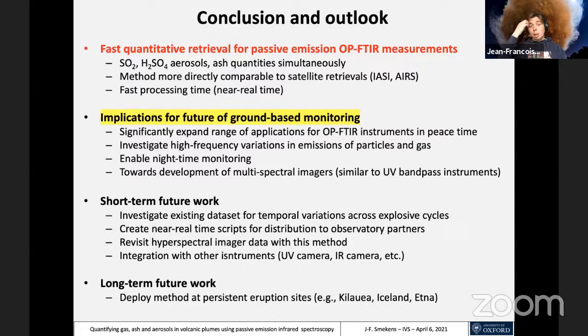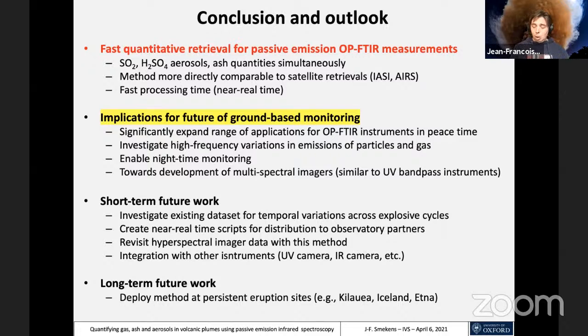So in conclusion, I think we've shown that we have a fast quantitative retrieval for this type of measurement to retrieve SO2, sulfate aerosols, and ash quantities simultaneously. And this method can produce something that's more directly comparable to some satellite retrievals, namely IASI and AIRS, the infrared spectrometers.